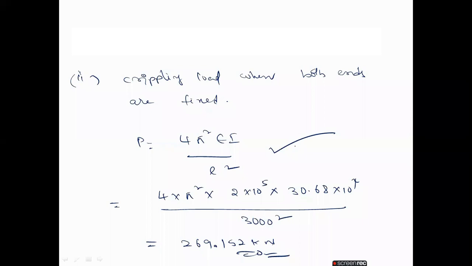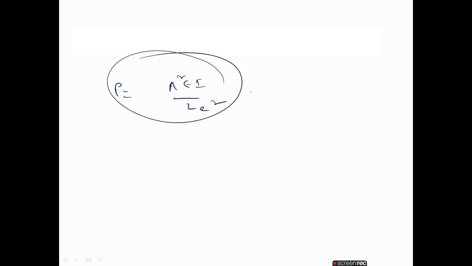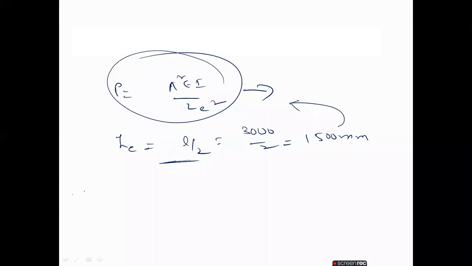Same like this, the alternate method is the effective length. Generally P equal to pi square EI by L square. This is the generalized formula. But here when both ends are fixed, what happens? The effective length Le is L by 2. So L by 2 is 3000 by 2, you will get 1500 mm. Now substitute this value into the above formula to calculate the crippling load.